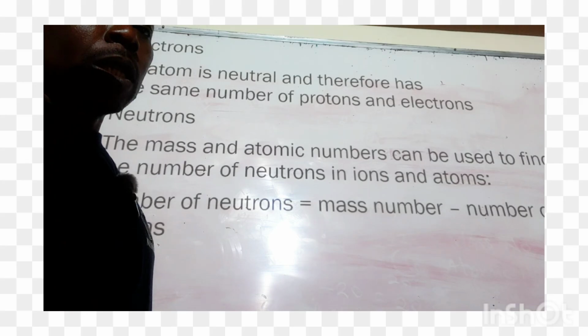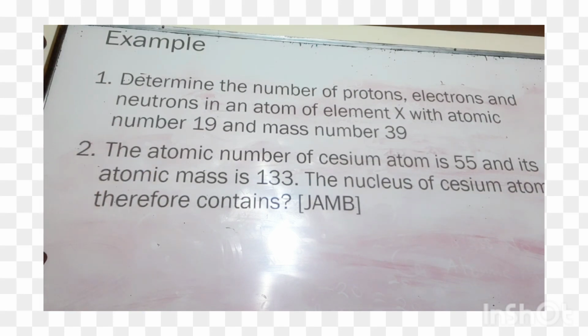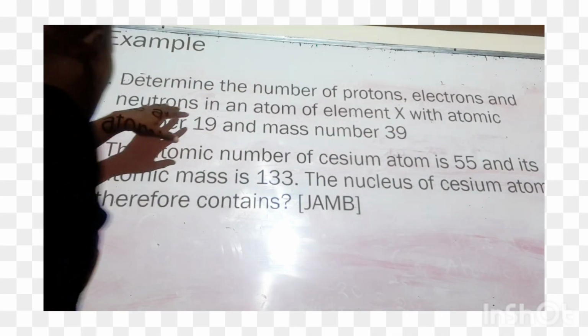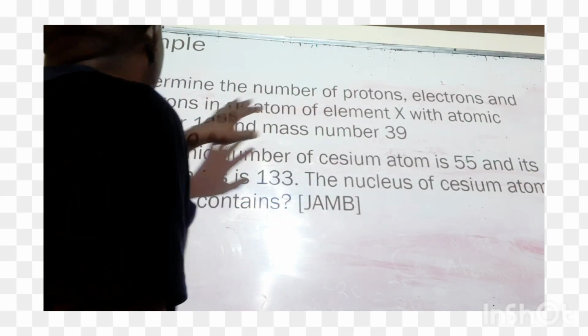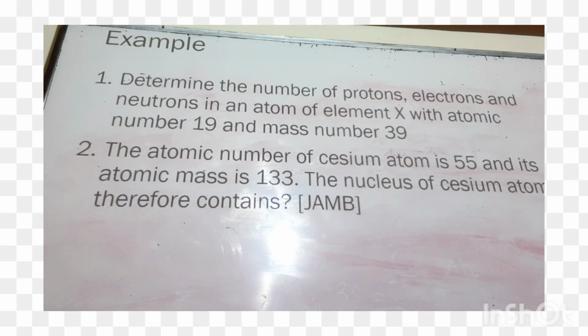Let's go for a calculation example. Now let's look at this calculation example. I have two examples here. Number one says we should determine the number of protons, electrons, and neutrons in an atom of element S with atomic number 19 and mass number 39.